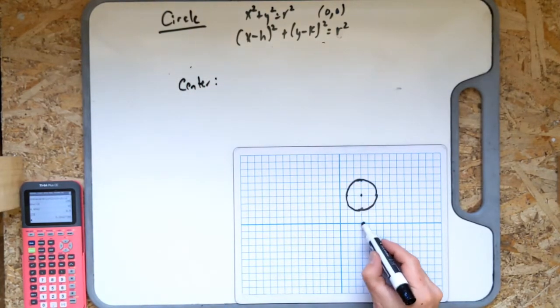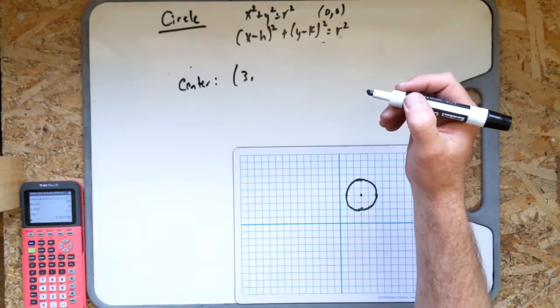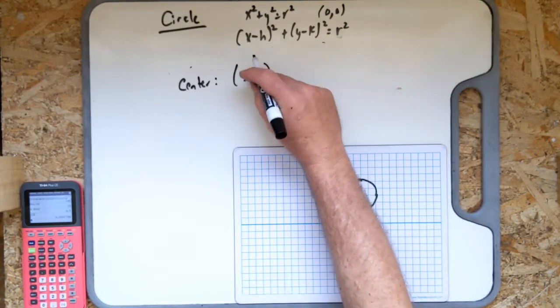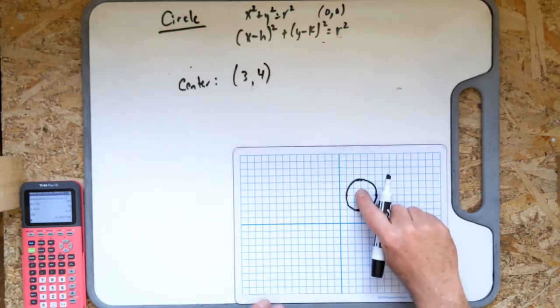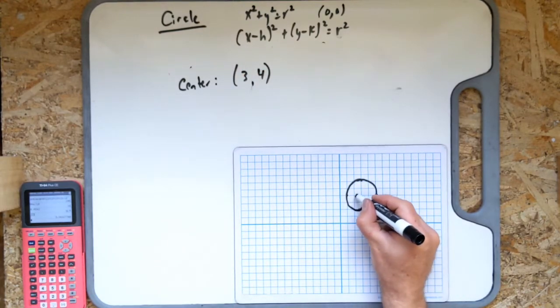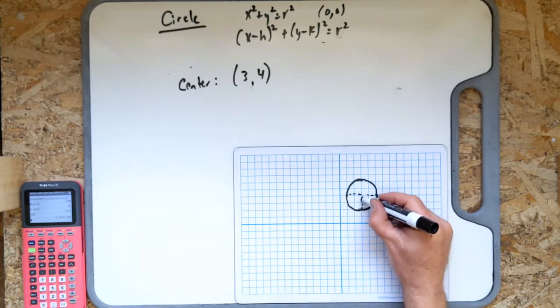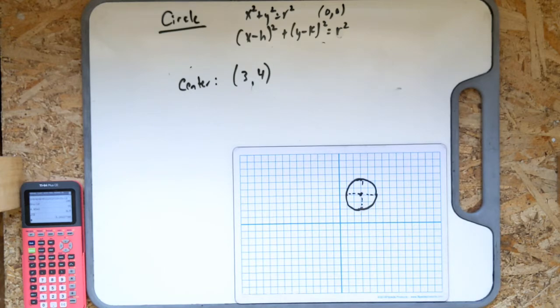Which is 1, 2, 3, 1, 2, 3, 4. 3 and 4. Now, I wouldn't even necessarily have to put that dot in the middle, and you still should be able to tell where the center is, just by taking a line and drawing it across like this, and doing the same thing here. You can see it'll meet at the center. Okay, so the center is (3, 4).